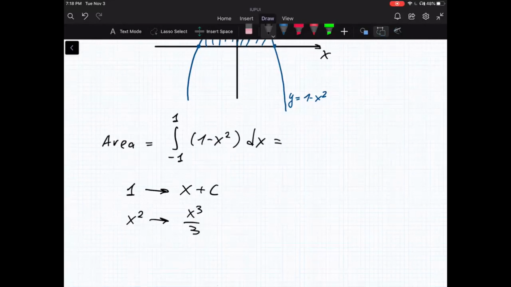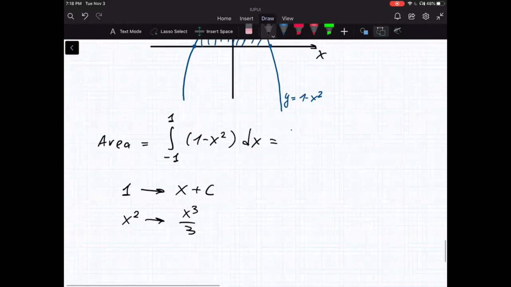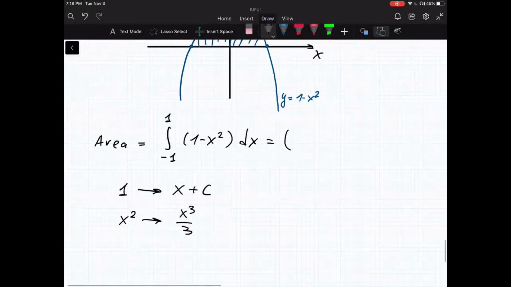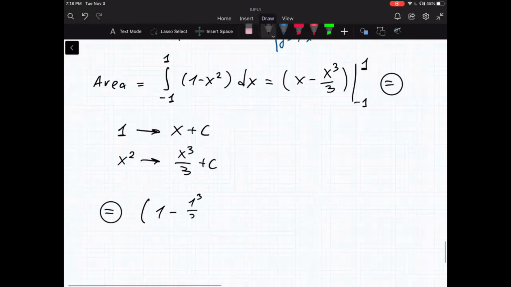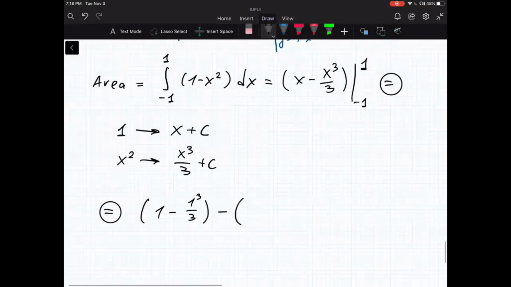And thus I can find the value of my integral by substitution into the function x minus x cubed over 3 from minus 1 to 1, which is just the value at point 1. So it's 1 minus 1 cubed over 3, minus the value at point minus 1. That gives me minus 1 minus 1 cubed over 3.